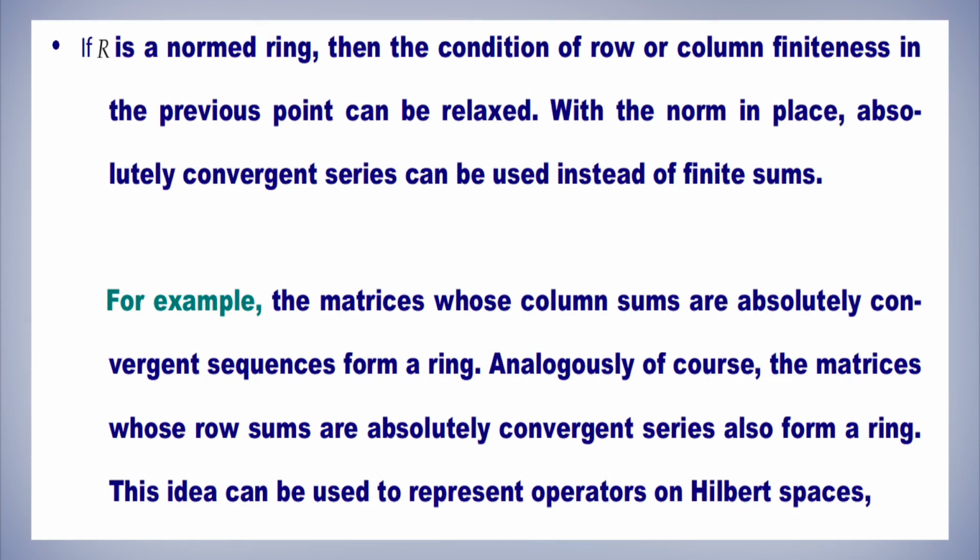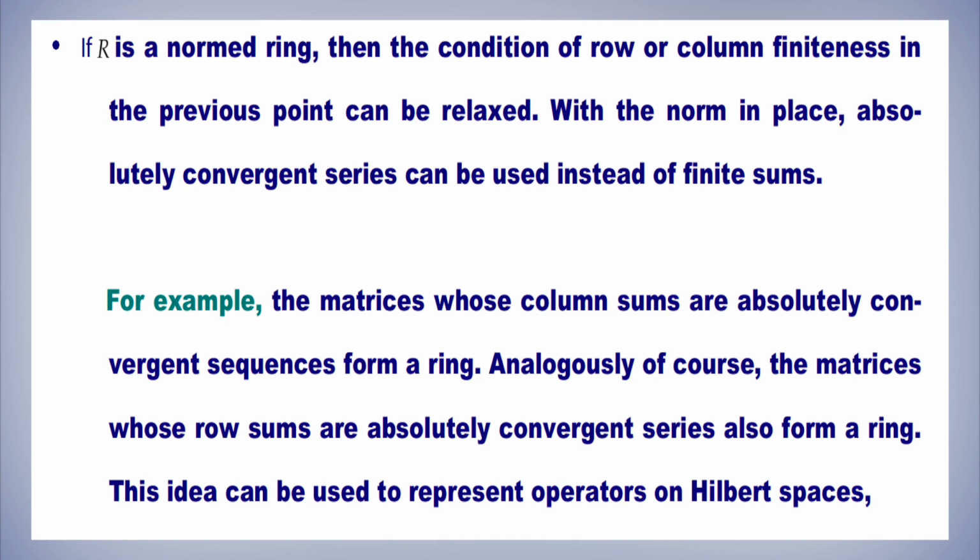If R is a normed ring, then the condition of row or column finiteness in the previous point can be relaxed. With the norm in place, absolutely convergent series can be used instead of finite sums. For example, the matrices whose column sums are absolutely convergent sequences form a ring. Analogously, of course, the matrices whose row sums are absolutely convergent series also form a ring.